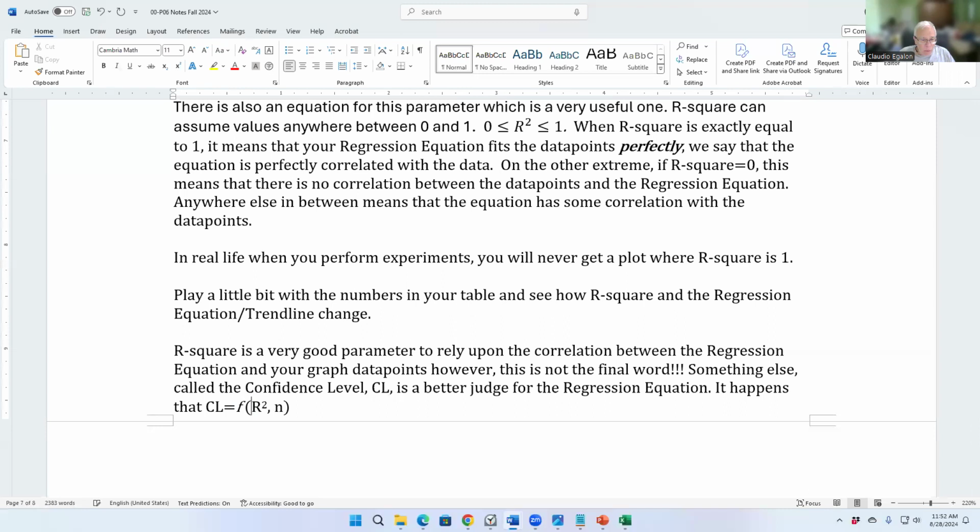So if you want to know how good your regression equation is compared to the data points, you have to look at the confidence level. The equation for the confidence level, the CL, is a very involved one.